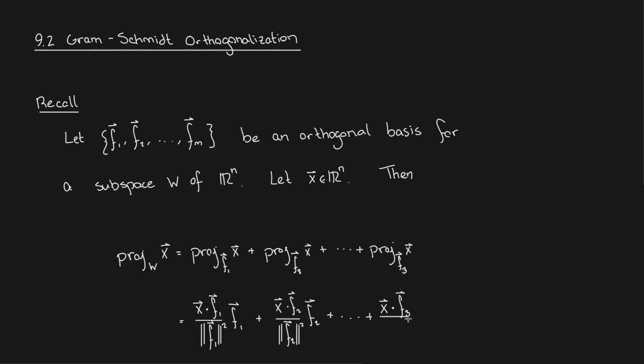Here we're just using the formula for orthogonal projection that we derived early in the course. Let's see, this should be m, not 3.